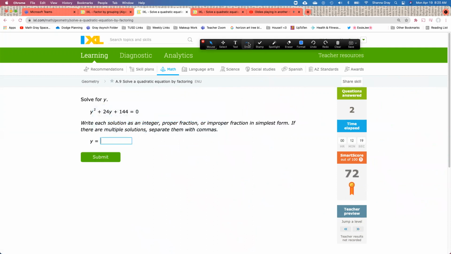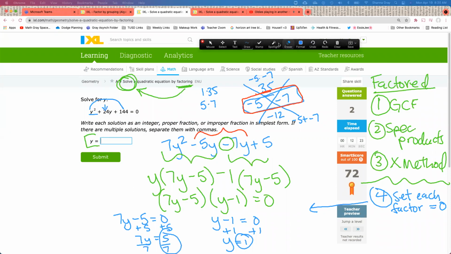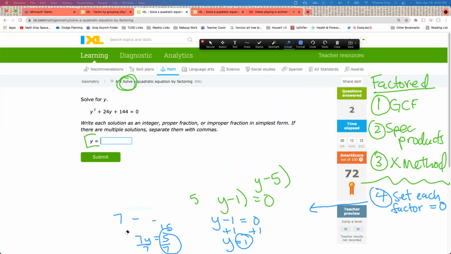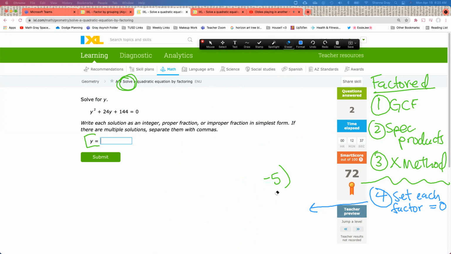Okay, this one, if I go through, oh yeah, my steps, I don't want to get rid of them. Let's just erase all this. If I look for special products on this one, I do have special products for these. So y squared is a perfect square and 144 is a perfect square. So I can double check to make sure it works, but it should.